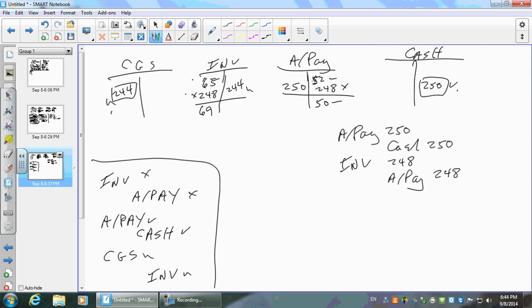And that's the entry. Debit cost of goods sold, that's the answer to the question too. 244. And credit inventory, 244. So you could do that one directly. Everybody good? So if you've only got either the deferral or accrual account, you can do it directly every time on revenues and expenses, on any of them. Okay? But if you've got both of them, you're going to have to take the difference.